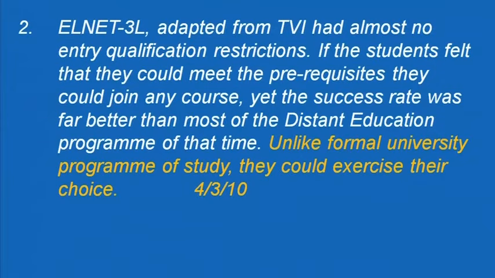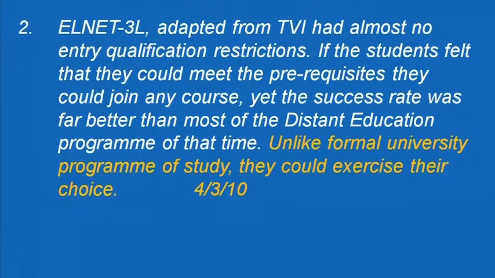Unlike formal university programs of study, they could exercise their choice at any point of time. Not only did they have no entry qualification, they could choose a course of GUI, they could choose a course of C, they could choose any of the courses if they felt that they knew the prerequisite.